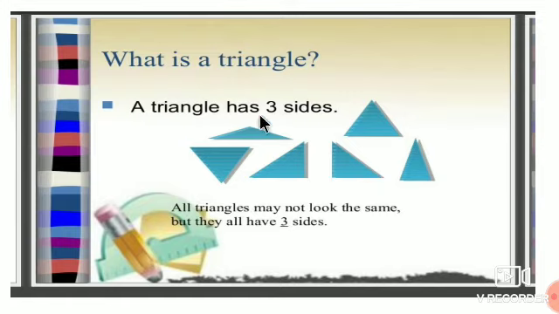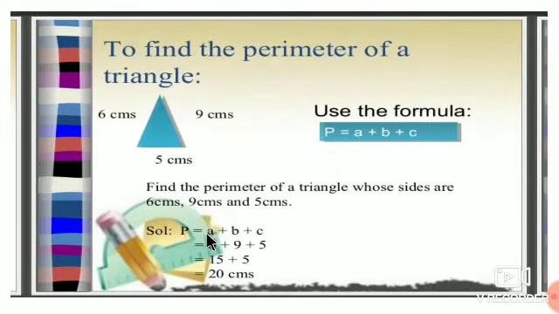So the perimeter of the triangle is the sum of the lengths of the 3 sides: side plus side plus side. So we can consider P is equal to A plus B plus C, meaning the length of the first side, length of the second side, length of the third side. Or you can directly write side plus side plus side also. Understood? A better way is to write side, side and side.